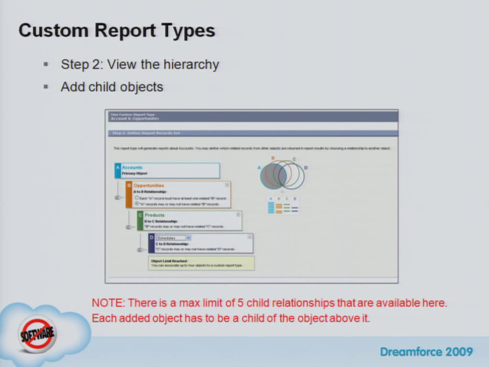All right. The next step is to create the hierarchy for your report. So there's some pretty exciting things here. It's a little bit hard to see, but if you look, this is where you can get those exception reports. You know when you're building opportunity reports now, or accounts, if you do accounts and opportunities, if you were to use a custom report type, it would allow you to get some of those exception reports where you could say, show me all accounts that don't have opportunities.